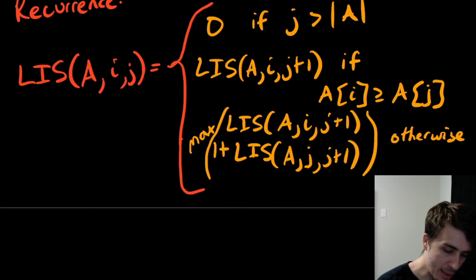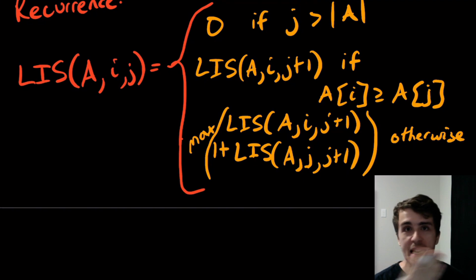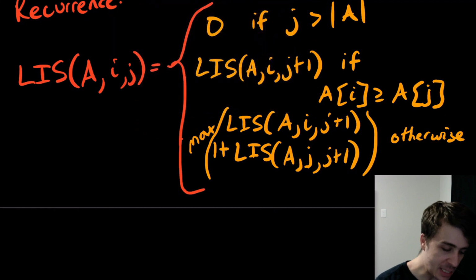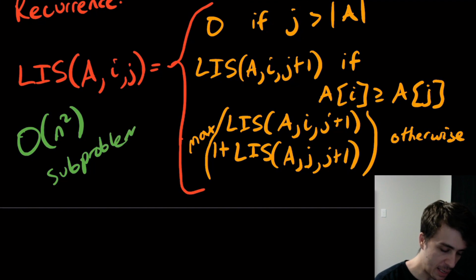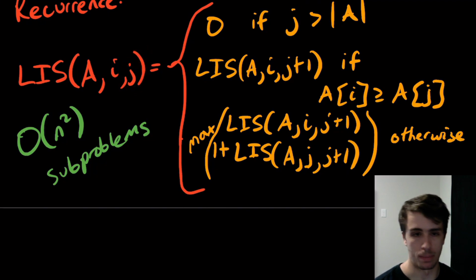So that's great. If we actually look at these right here, the i and j here can be any possible index in general. So what we see is that there are big O of n squared subproblems, because there are order n possibilities for the first index and order n for the second one.